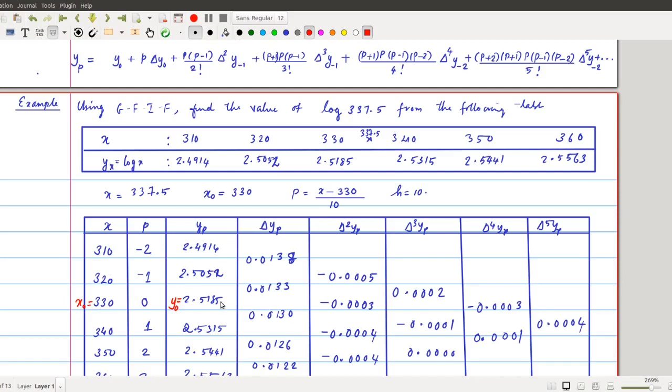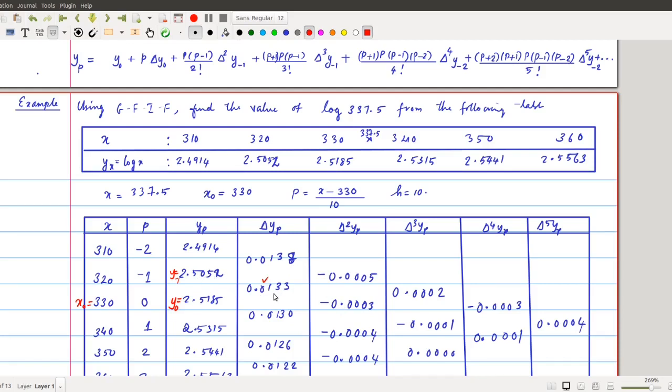Now we need to get the second term. We need to get delta square y minus 1. So this is our y minus 1. Delta y minus 1 is this one, and delta y minus 1 can be obtained from this minus this.